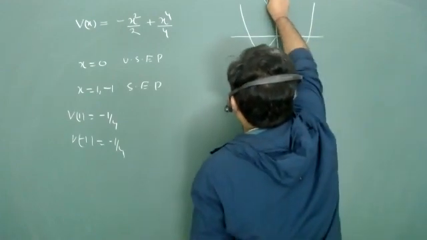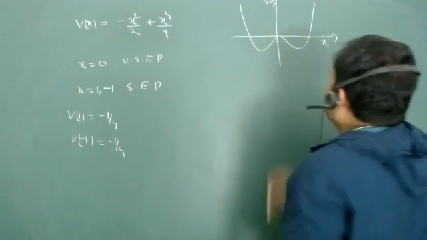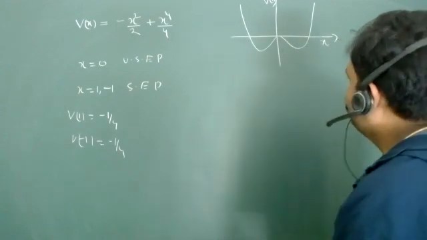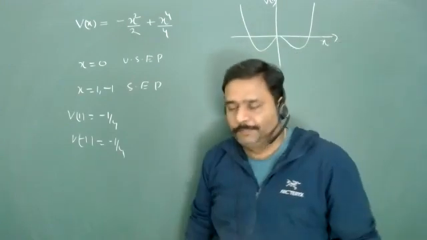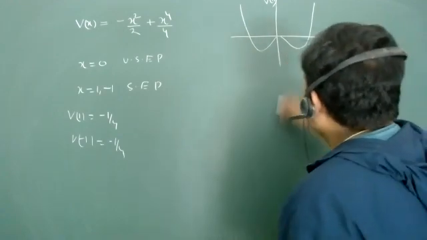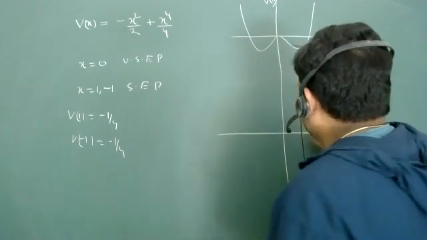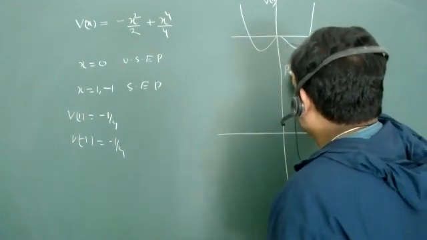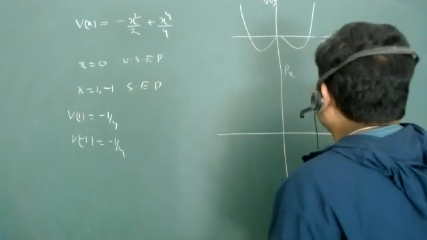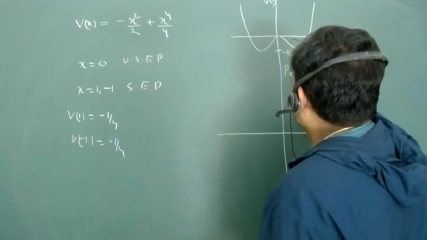Let us assume this is symmetric. V(x) versus x. It is very difficult for me to plot a good picture. So let's go for the next one. This is all about p(x) versus x. This value is minus 1/4.